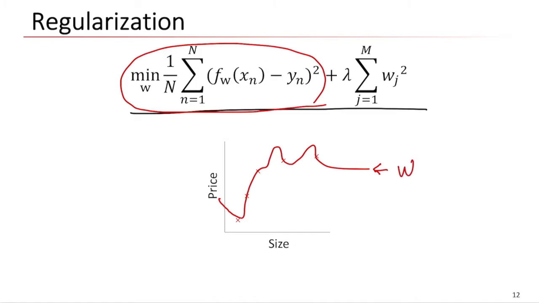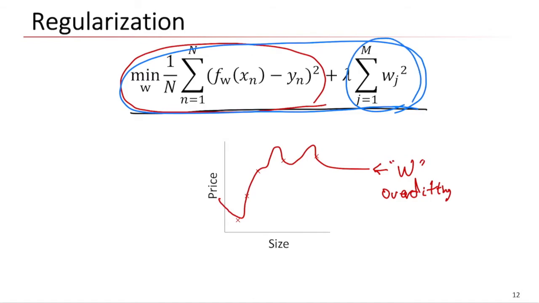So the parameter w decides the shape of this mapping function, right? This is called overfitting. However, if we use the new objective function, something like this, with this term, the shape of the mapping function will look like this.